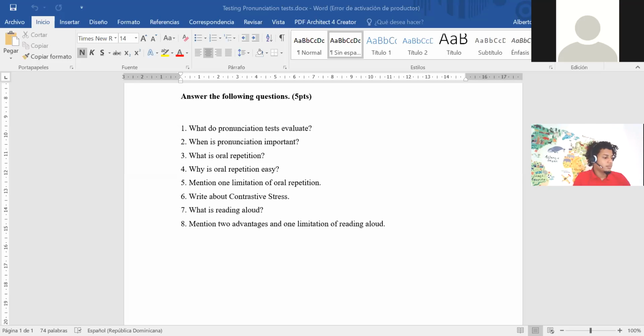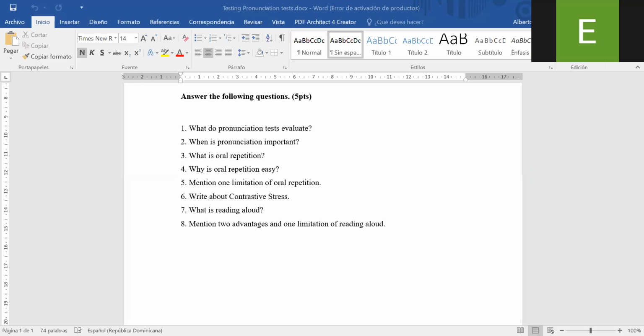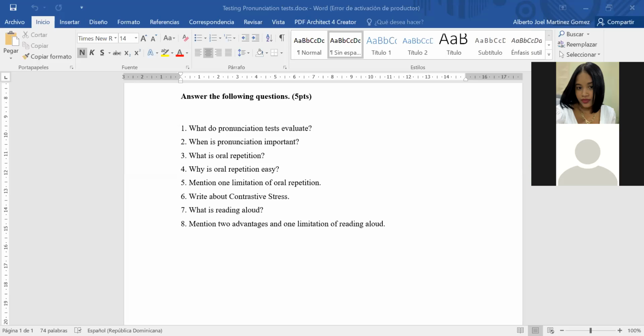Let's see who has this answer. Rene, when? Pronunciation becomes important when it interferes with communication. While pronunciation items are not effective in measuring real communication, they can make progress on specific points of pronunciation.